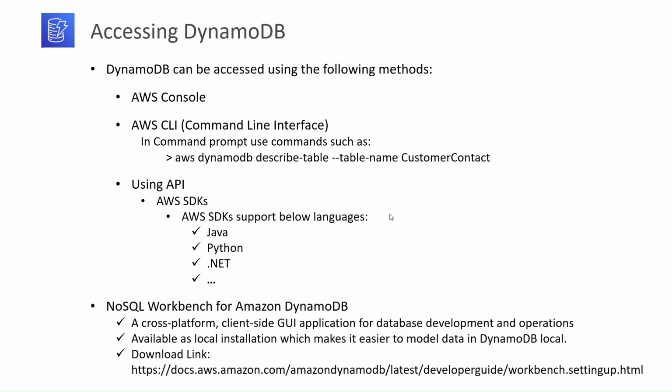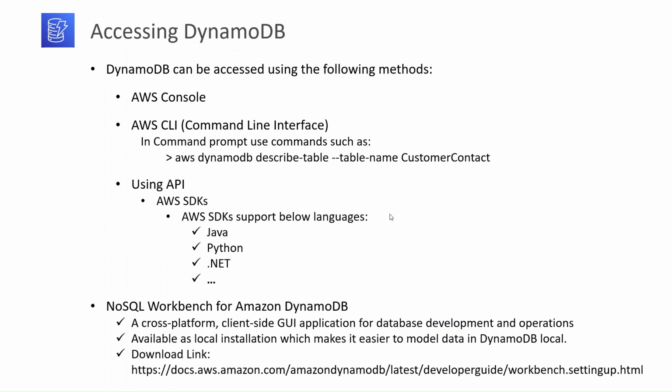Another method is using the API, that is, the AWS SDKs, which support languages such as Java, Python, .NET, and so on. Another method is using NoSQL Workbench for Amazon DynamoDB.